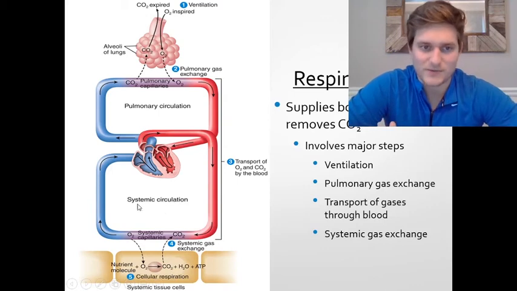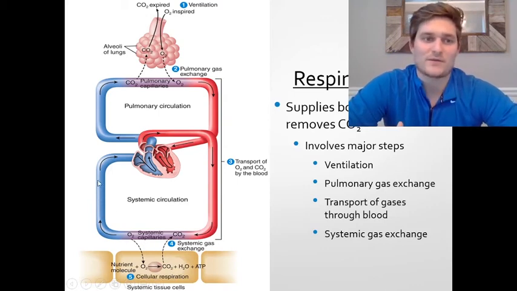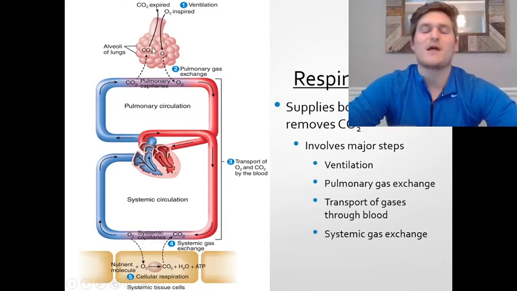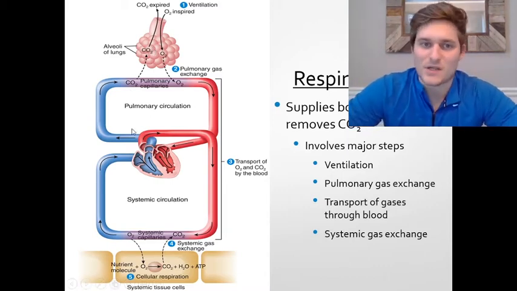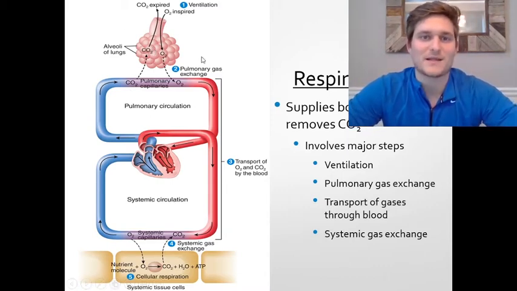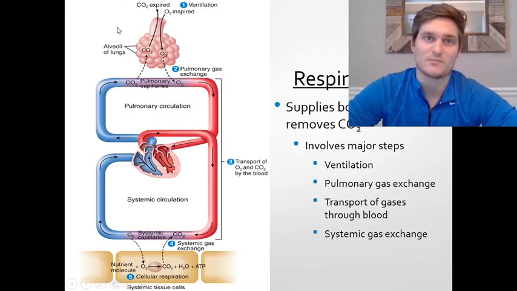And so that CO2 again gets transferred through this venous blood in higher concentrations to the lungs, where it will then enter the alveoli and then we expire it out. So this gas exchange we'll talk more about in the next video, but today let's focus on that ventilation process.